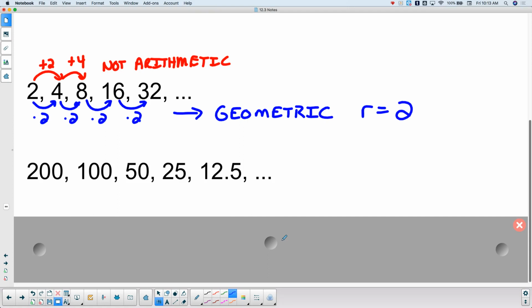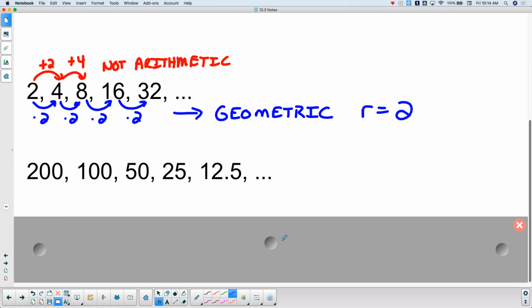Is it arithmetic? Yay or nay? Why not, Luke? The first difference would be minus 100, and then the third term should be 0 if we keep going. It's not. So it's not arithmetic. Is it geometric? What's the ratio then?